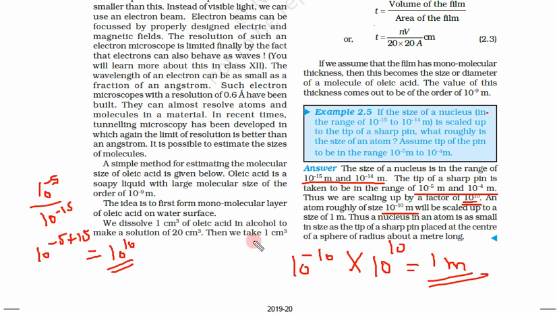So if we are magnifying the nucleus to the tip of a sharp pin, the atom will be around 1 meter. That means quite big, 1 meter is around 3 feet. Thus a nucleus in an atom is as small as the tip of a sharp pin placed at the center of a sphere with radius about a meter long. So the atom will be about a meter long.